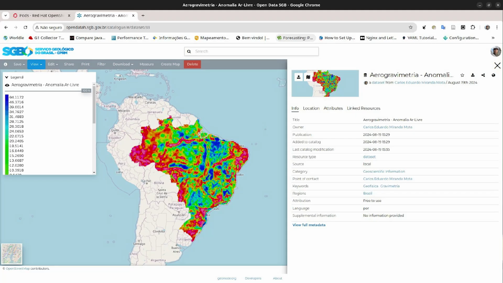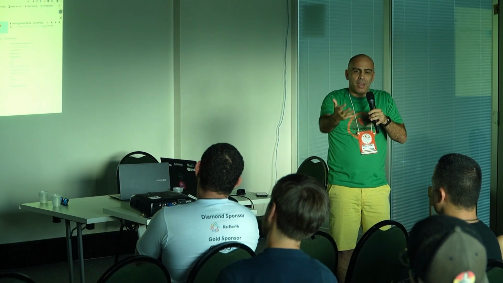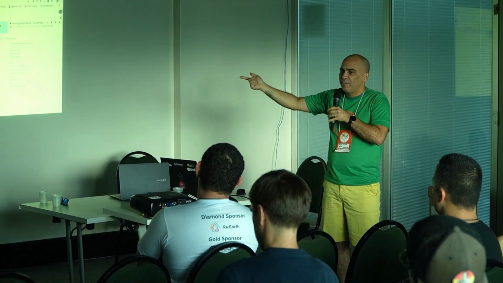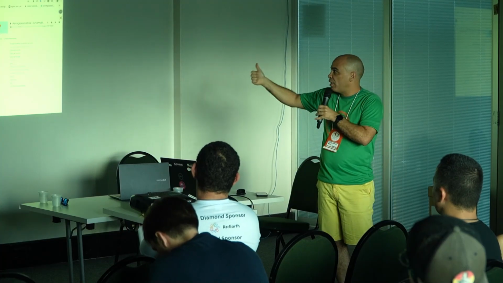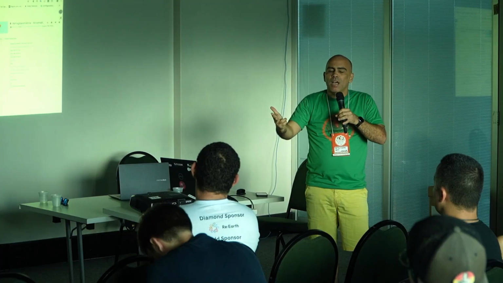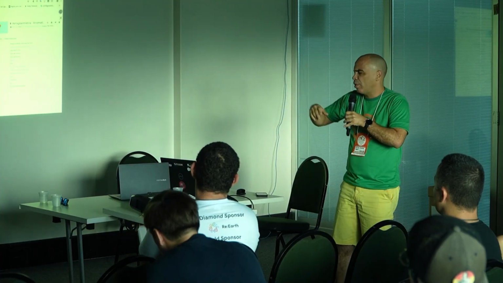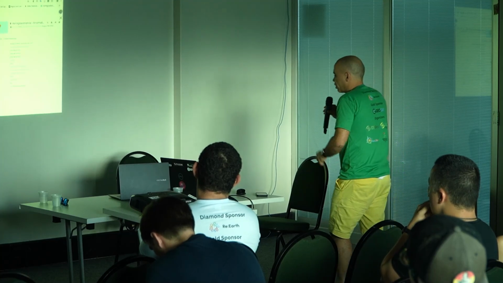I don't know if you have heard about it, because it's specific for geophysics, but we have to map all the symbology, extract it, convert to SLD, convert to a QGIS style, and it fits. Gravimetry, magnetometry, gamma spectrometry, and so on. We have about 11, 12 types of geophysical data.